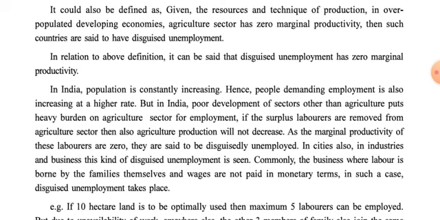But then also in overpopulated developing economies like India and China, both of these countries are highly populated, or we can say overpopulated. So in overpopulated developing economies, agriculture sector has zero marginal productivity.